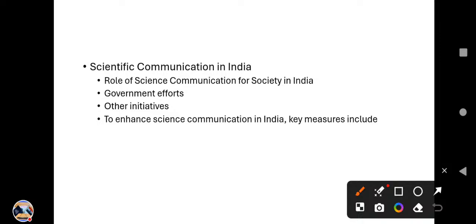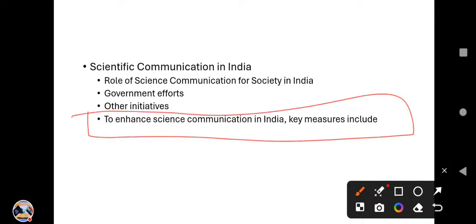Next, to enhance scientific communication in India, key measures include formal education and training. Through formal education and training, the government of India can enhance communication skills among children as well as students in higher education.